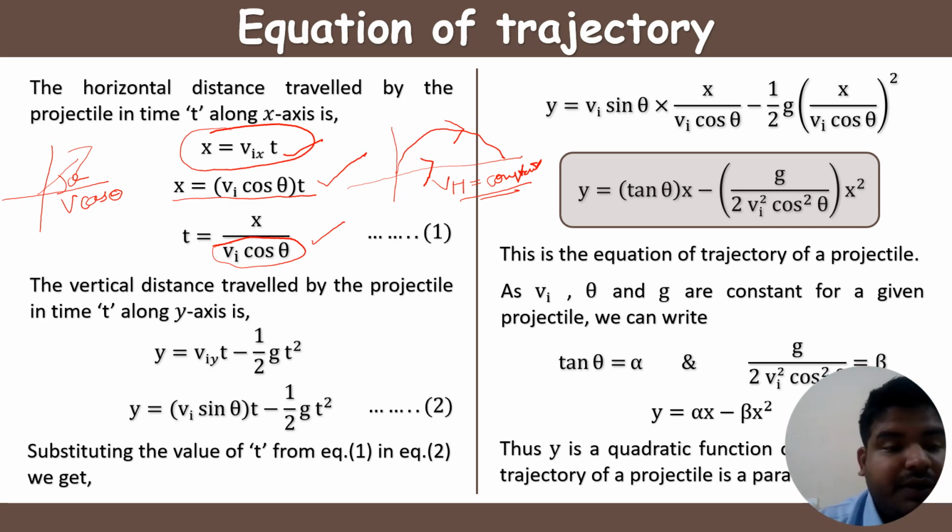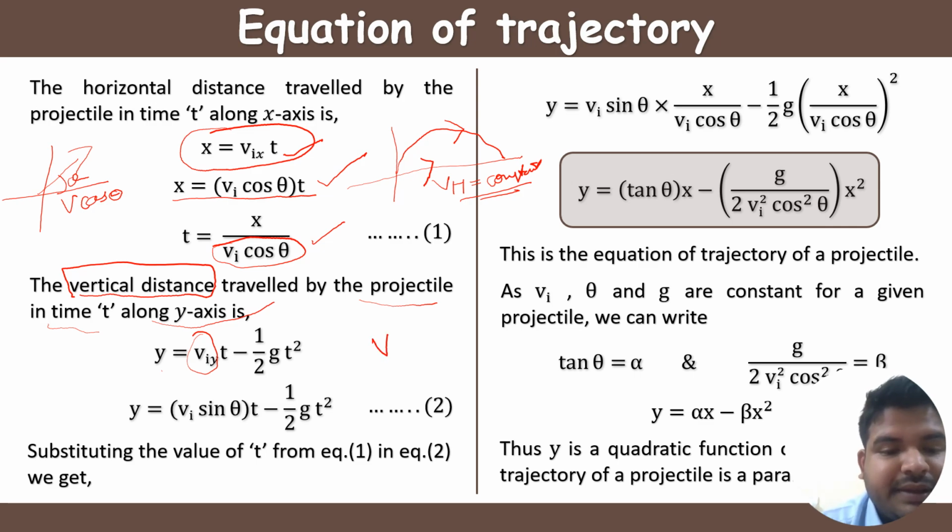Now comes the vertical side. The distance traveled by the projectile in time t along the y-axis is y, and here it shows the vertical velocity, v sin theta. As you know very well, s is equal to ut plus half at square.